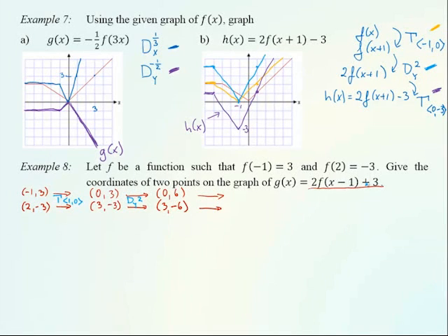Finally, we use the translation by the vector 0, 3, which adds 3 to each y-coordinate, and we obtain the final points 0, 9, and 3, negative 3. These 2 points belong to the g function.